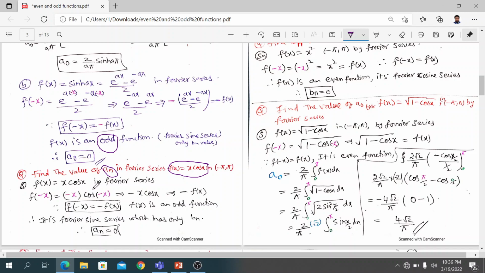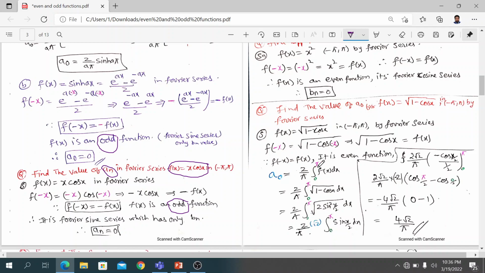Minus x as it is, cos of minus x is cos x. So minus x cos x means minus of f of x. Thereby it shows that it is an odd function. So it is a Fourier sine series which has only the bn value. It means the answer for an will be 0. No need to find the value.